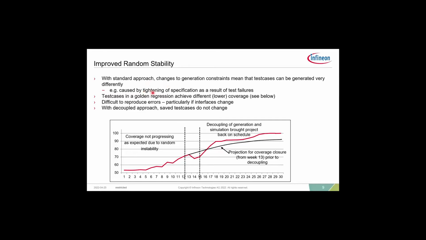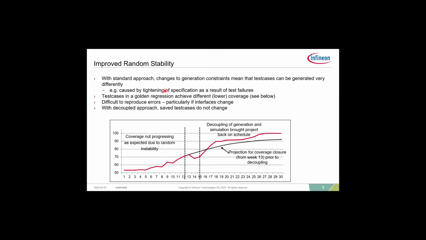And these kinds of changes can happen anytime during a project. For instance, you may generate cases which result in failures which are deemed to not be of interest, and this may result in a tightening of the specification, so this can happen even as the verification progresses.